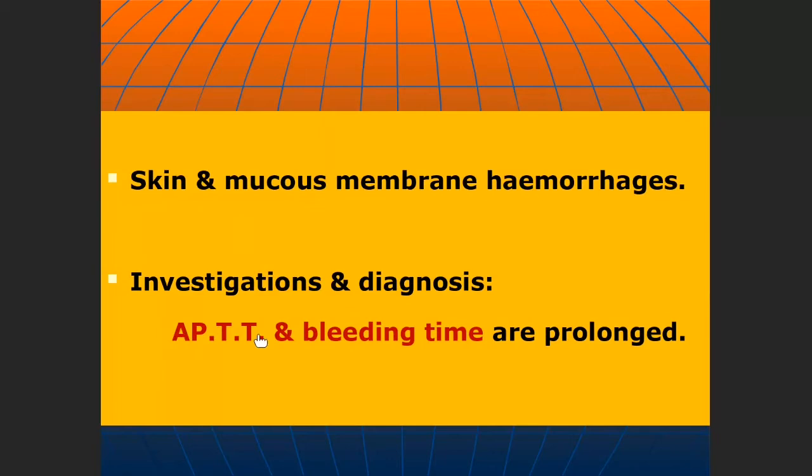APTT is prolonged because von Willebrand factor is absent, and so the factor VIII clotting antigen is subjected to breakdown by enzymes in the circulation, and so it is also deficient. Okay, two findings for the diagnosis of von Willebrand disease: prolonged APTT and prolonged bleeding time.